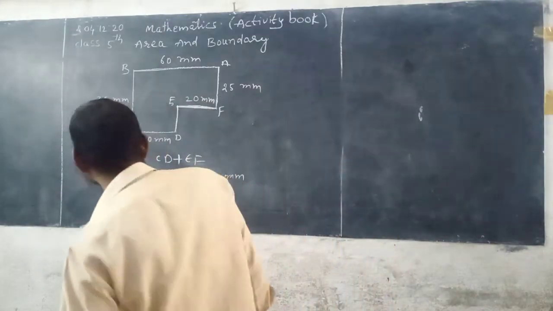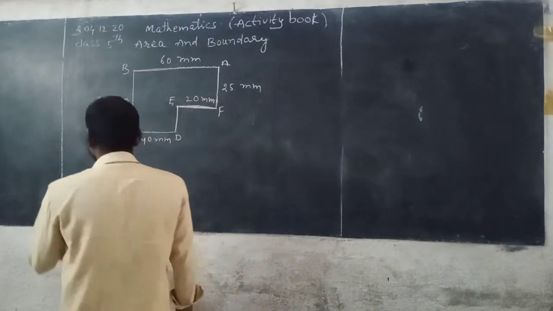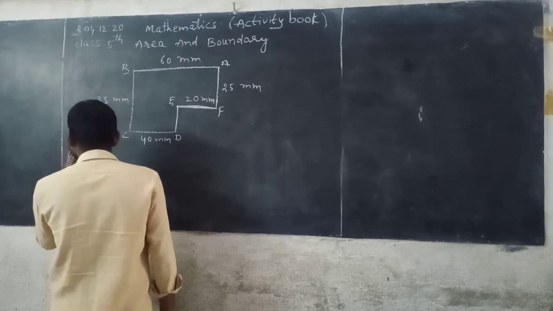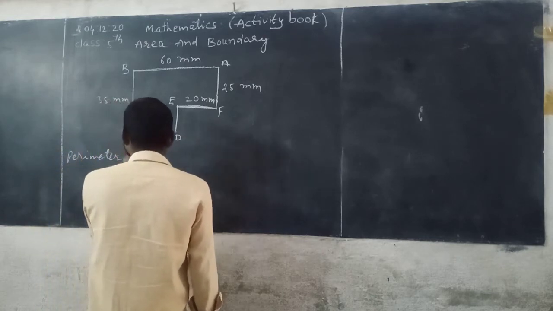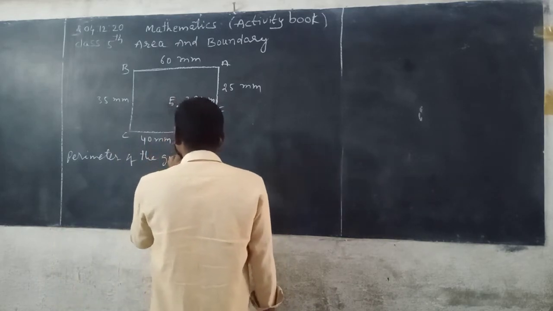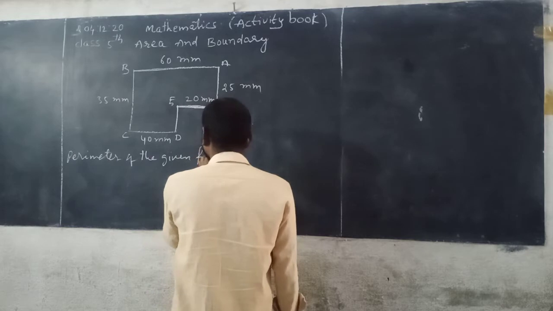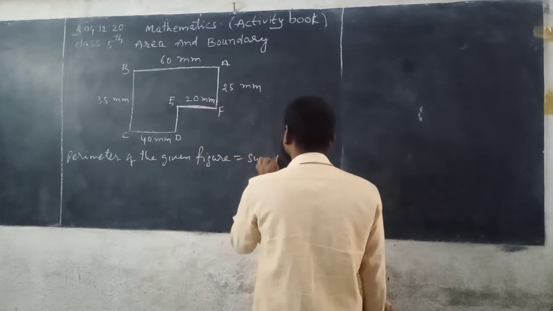Then the perimeter of the given figure is equal to the sum of the sides.